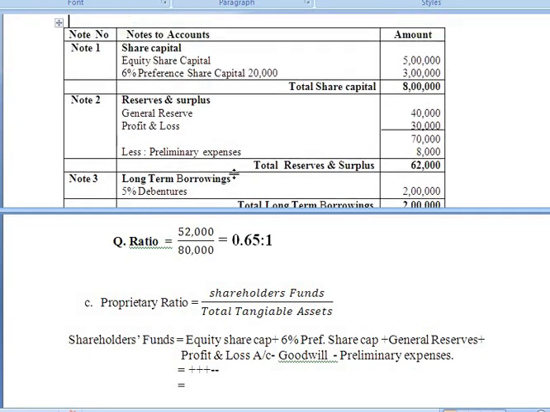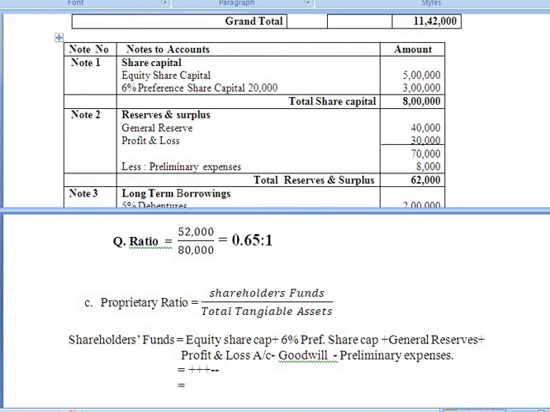Okay. So next line right here, shareholders funds is equal to equity share capital plus preference share capital plus general reserves plus profit and loss account minus goodwill minus preliminary expenses.